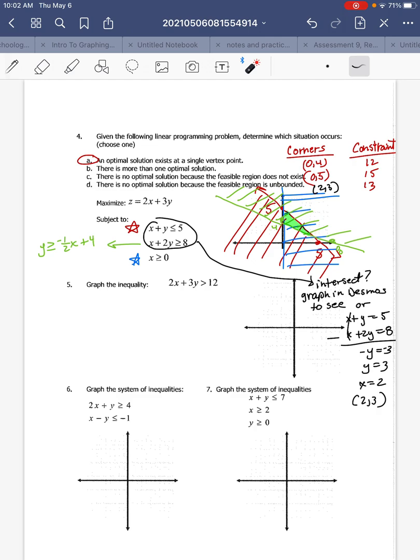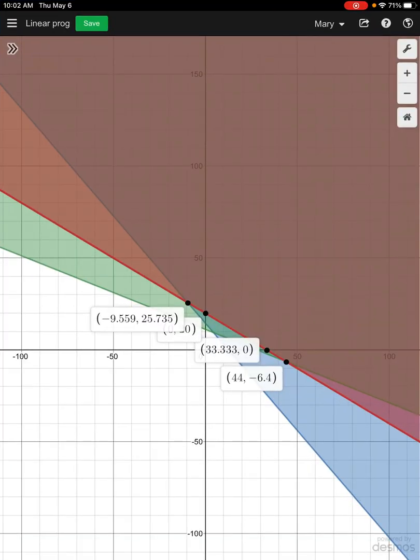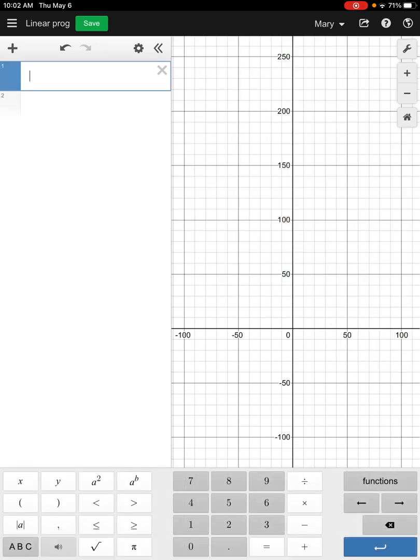So of course you can go to Desmos and graph these things. Let's see, x + y is less than or equal to 5. They have less than or equal to on the keyboard, or you can just do a less than and put an equal sign behind it and it turns into that.